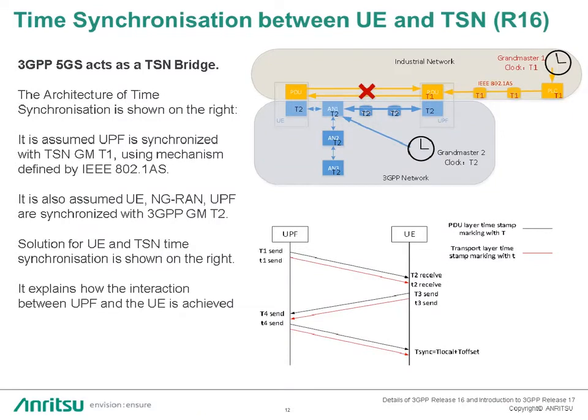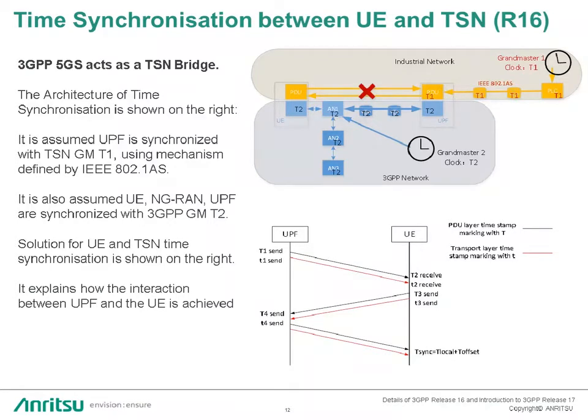So the UE is connected to the industrial network via 3GPP network, which means that we have to get the 3GPP network and the industrial network purely synchronized for time sensitive networking.